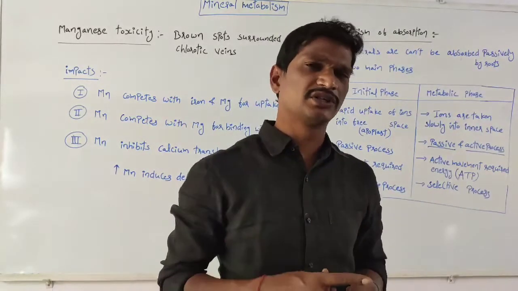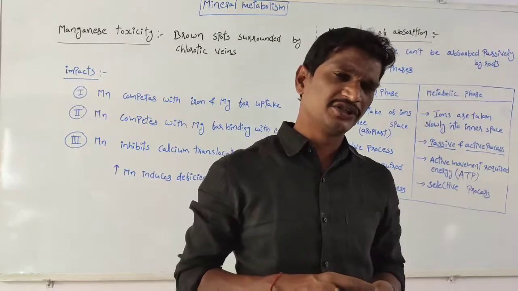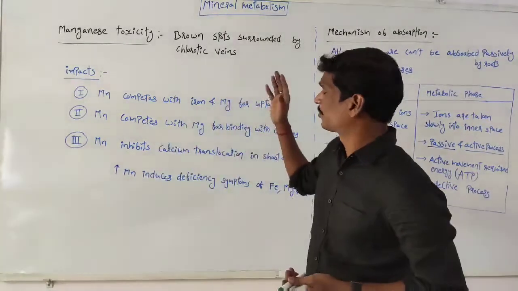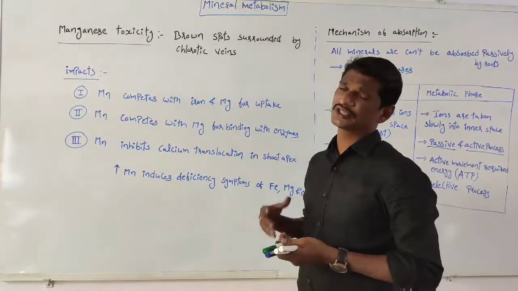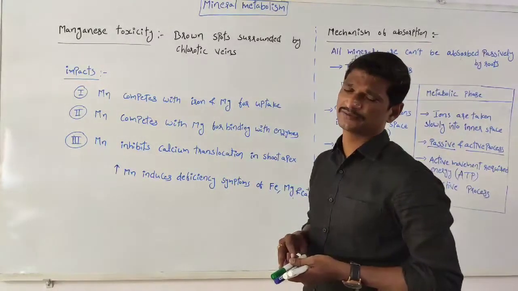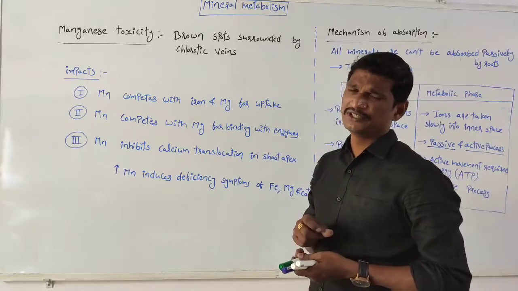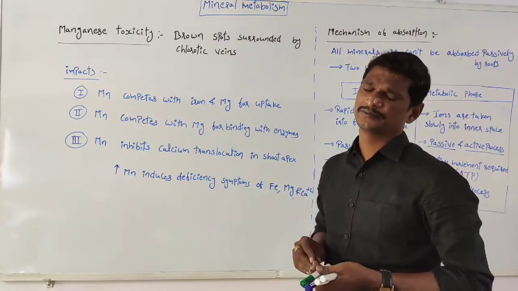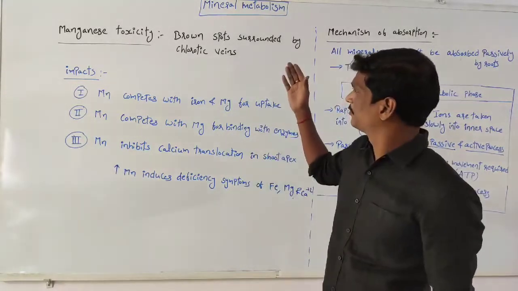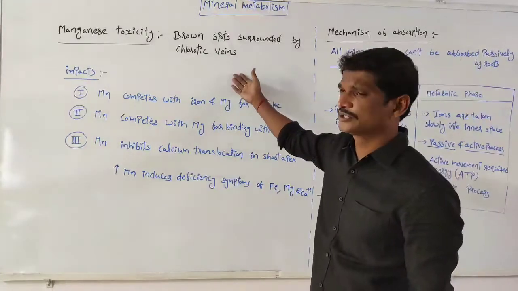Manganese toxicity is there, and in that plant the symptoms are brown spots surrounded by chlorotic rings. Brown spots develop especially where the veins are, and the veins retain chlorophyll. Right? So that is nothing but the brown spots surrounded by chlorotic rings.